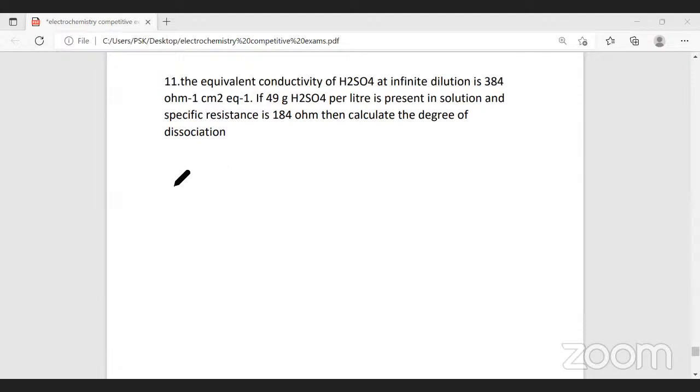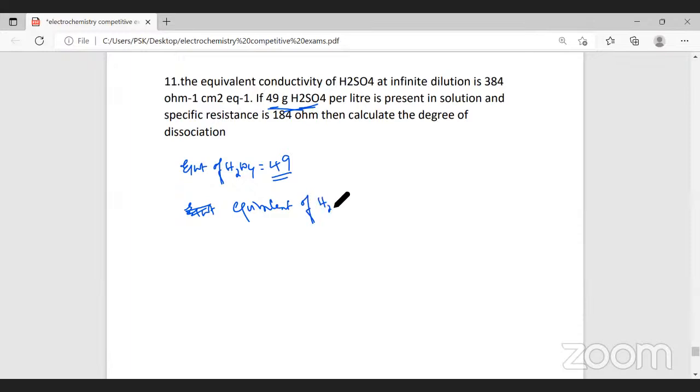Now, firstly, you have to calculate the equivalents of sulfuric acid. Equivalent weight of sulfuric acid is 49. They have given you 49 grams of sulfuric acid. So the number of equivalents will be 49 divided by 49, that is 1 gram equivalent.